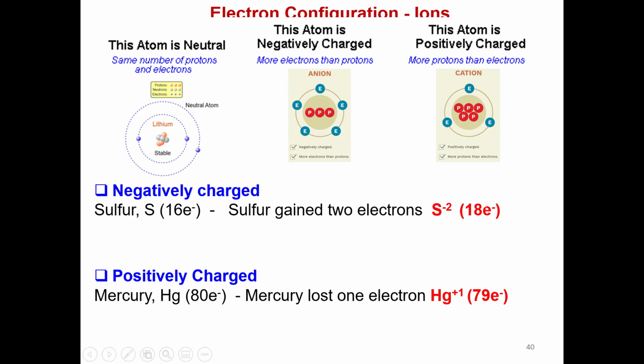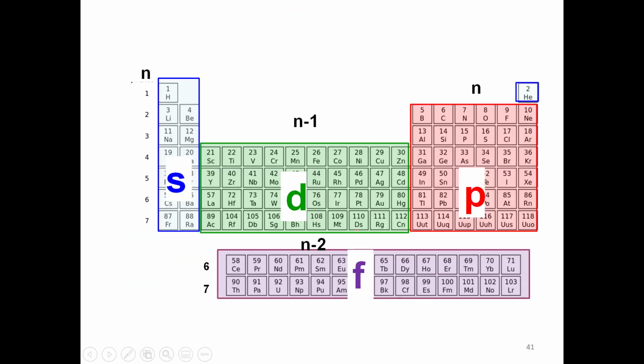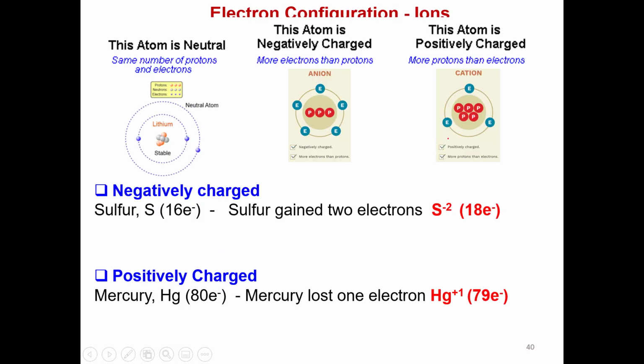We need to be careful because when we had sulfur, we had 16 electrons, but if the ion of sulfur has 2 more electrons, then now it has 18 electrons.